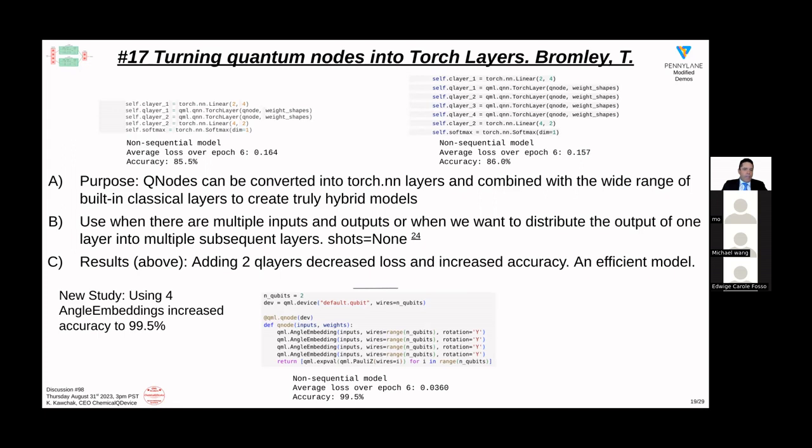It wasn't liking the Hadamard gate, so I used an angle embedding and kept adding more angle embeddings to it. Then all of a sudden I get 99.5%, which is over the 86% I got, and the authors' 85.5%.